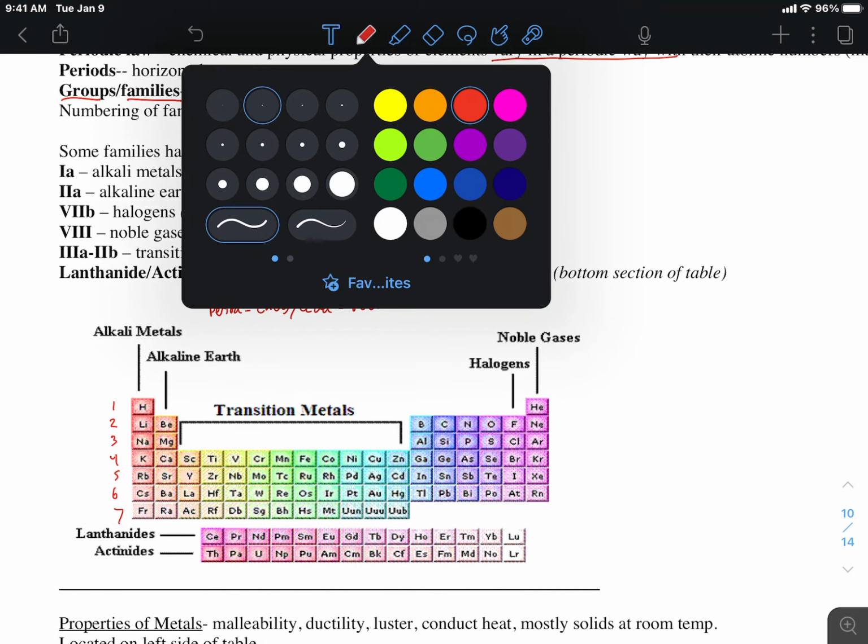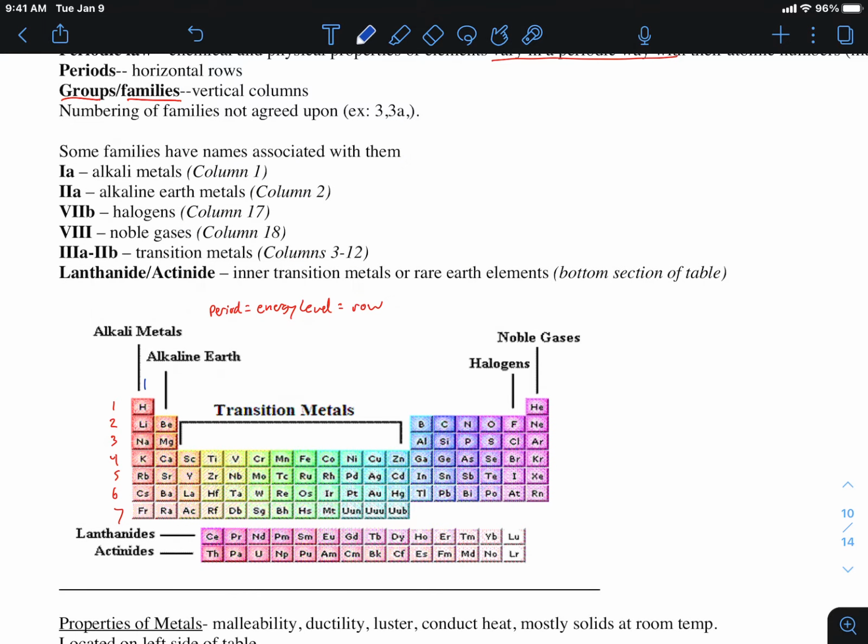If we wanted to number them, we could: 1, 2, 3, 4, 5, 6, 7, 8, 9, 10, 11, 12, 13, 14, 15, 16, 17, 18. Technically, there are more columns if you count these guys here, the Fs, but we're not going to count them because they're not what we encounter every day.